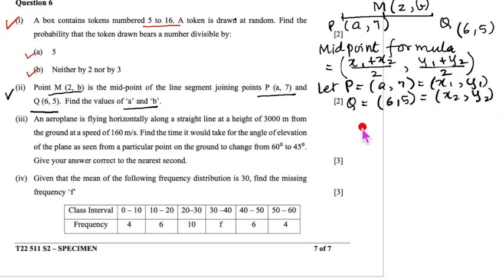So we will say that the midpoint (2, b) will be equal to x1 plus x2, which is (a plus 6) upon 2, and y1 plus y2, which is (7 plus 5) upon 2.